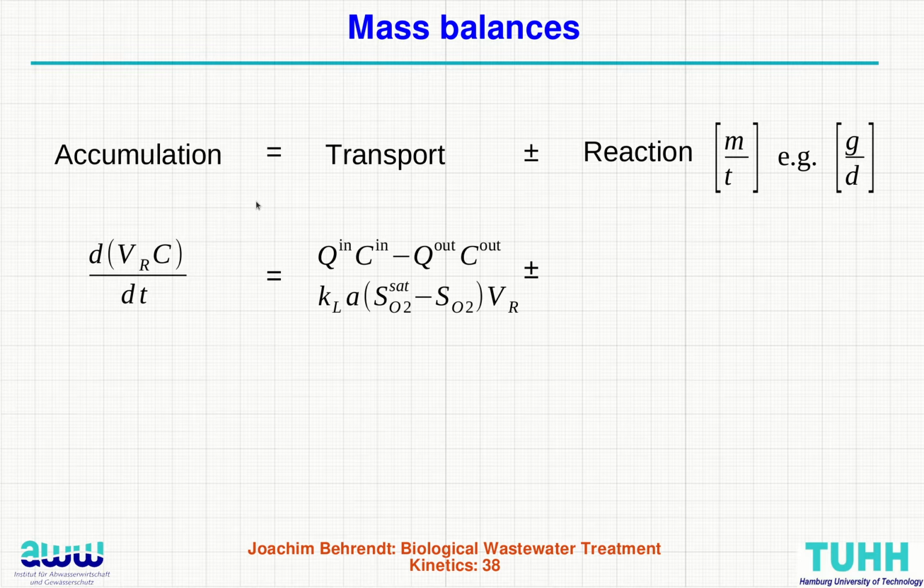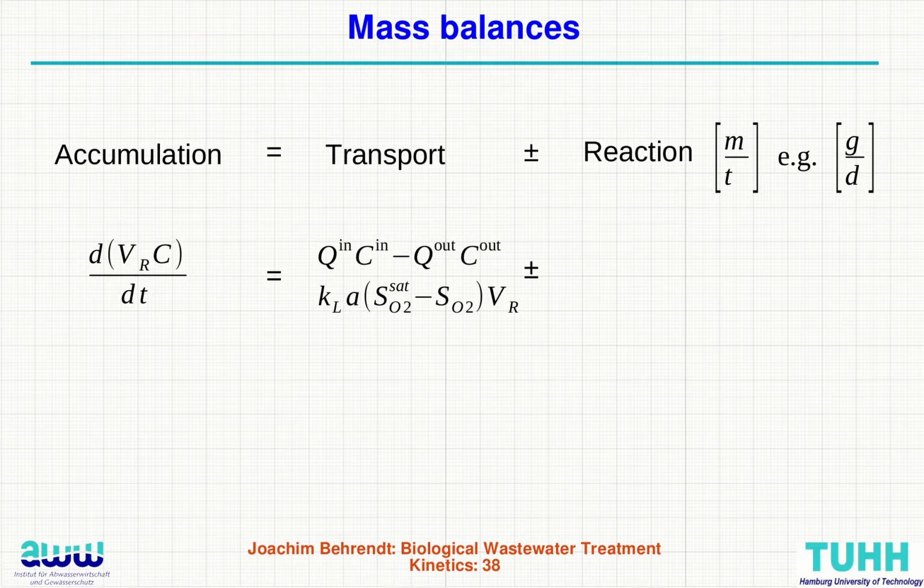Then we have transport. Sometimes we have a transport in and a transport out, which are expressed with the volume flow multiplied by the concentration that enters the reactor, and others leaving the system. This is a typical transport.